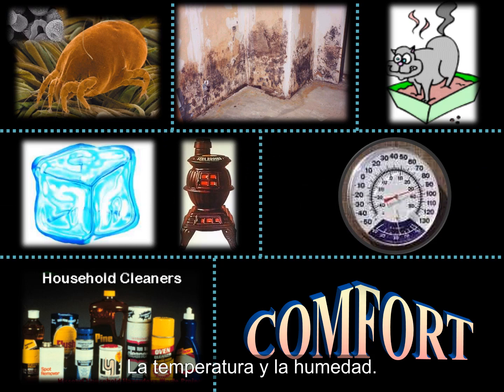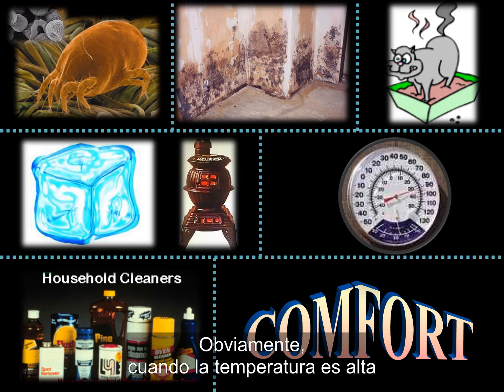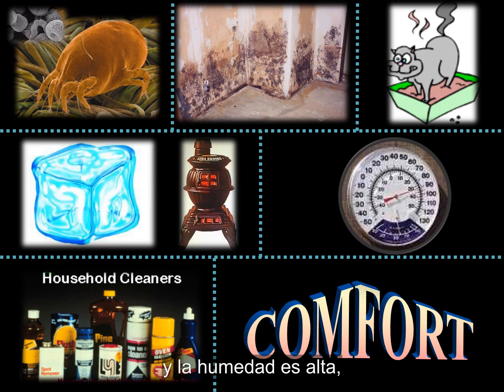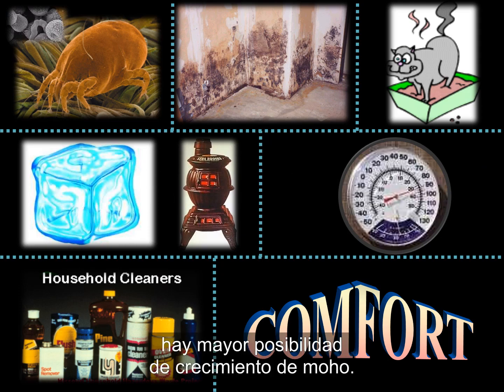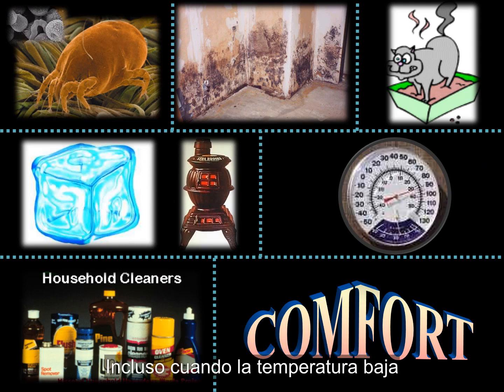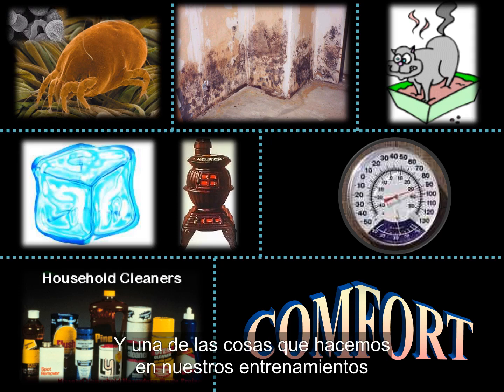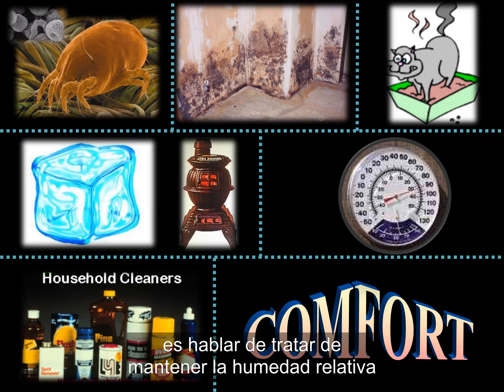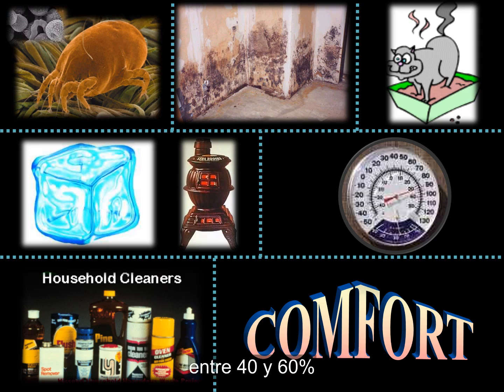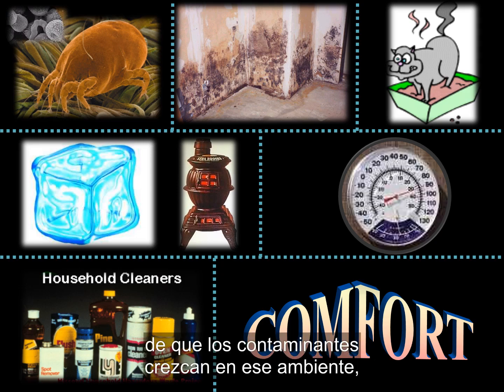Temperature and humidity. Obviously, as the temperature gets high and the humidity gets high, much greater chance of mold growing. Even when the temperature gets low and the humidity gets low, there's a good possibility that bacteria will grow. And so one of the things that we do in our trainings is we talk about trying to keep the relative humidity between 40 and 60% so that there's a less possibility that contaminants will actually grow in that environment.